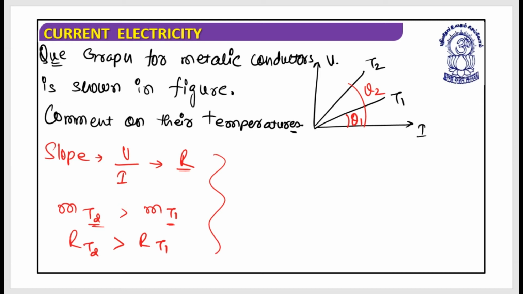And if their resistance is higher, that temperature would be higher. This is T2 greater than T1. Is it clear? Are you sure? Great. Let's work on the next question. Did you enjoy this?